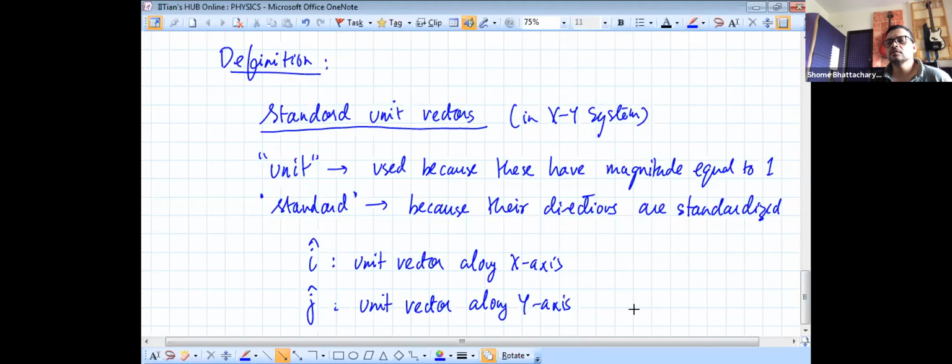Okay. So again, to explain this in terms of the diagram, if this is your xy plane, this is your y-axis, this is your x-axis. Then i cap will be a vector of magnitude 1 along the x-axis. It will be like this.